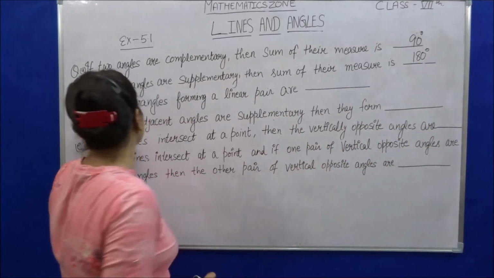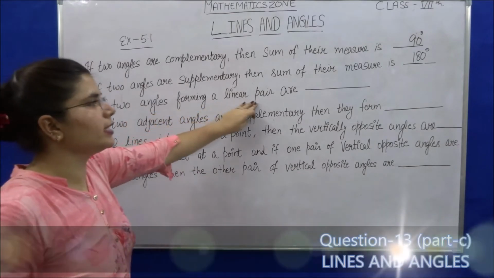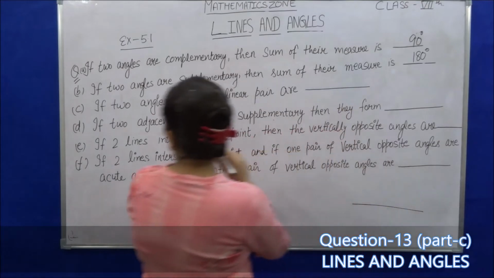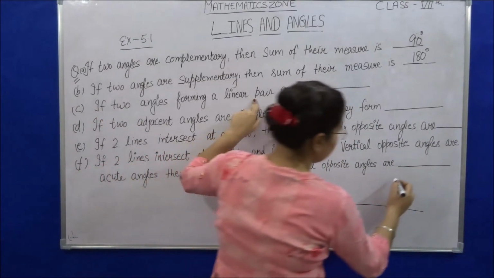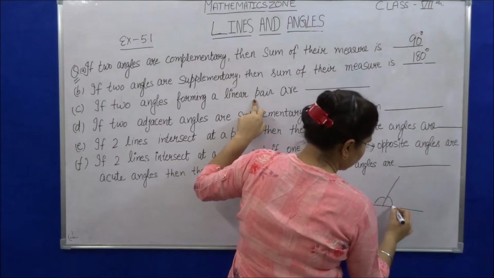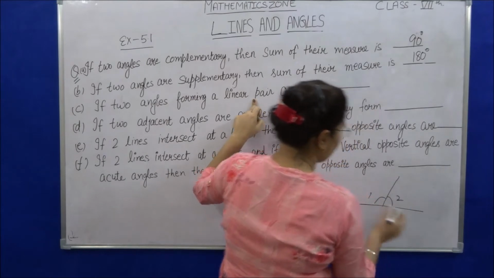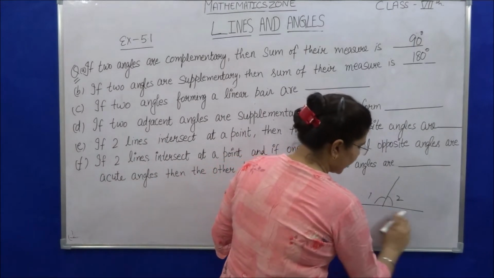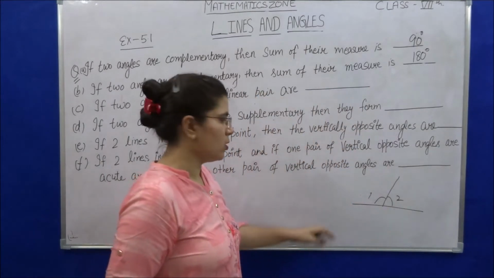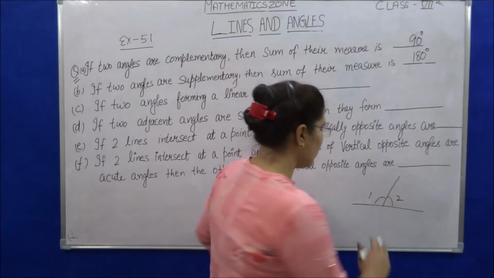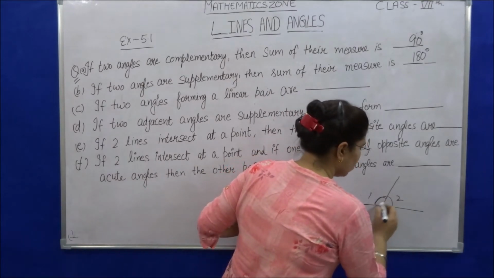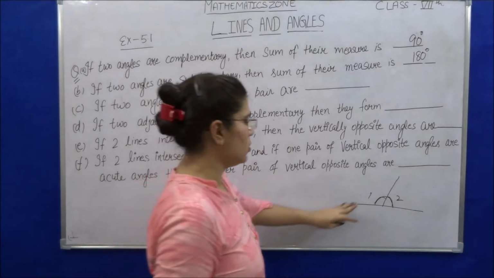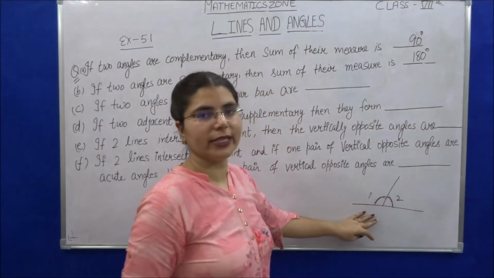Now the third one is, if two angles forming a linear pair are, that means these two angles are supplementary, because if they form a linear pair, both angles lie on one line. If both lie on the same line, then the sum of these two angles will definitely be 180 degrees.